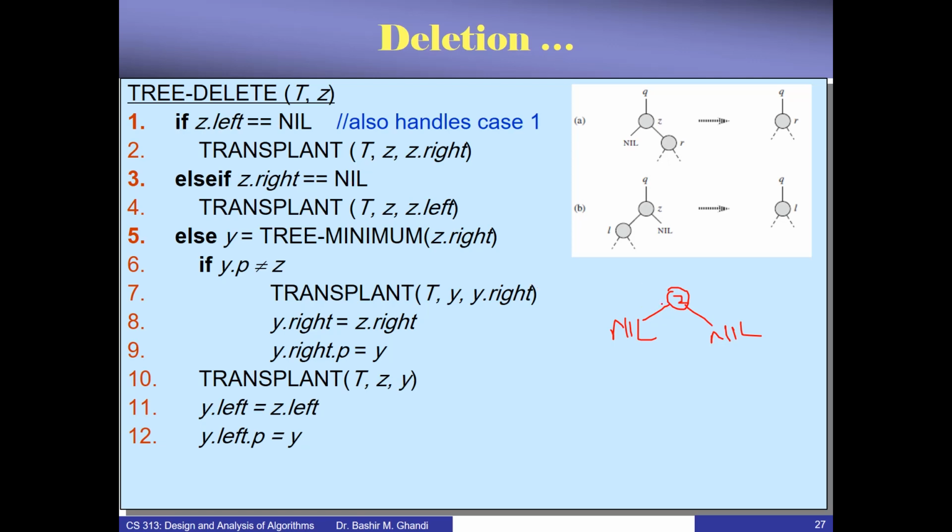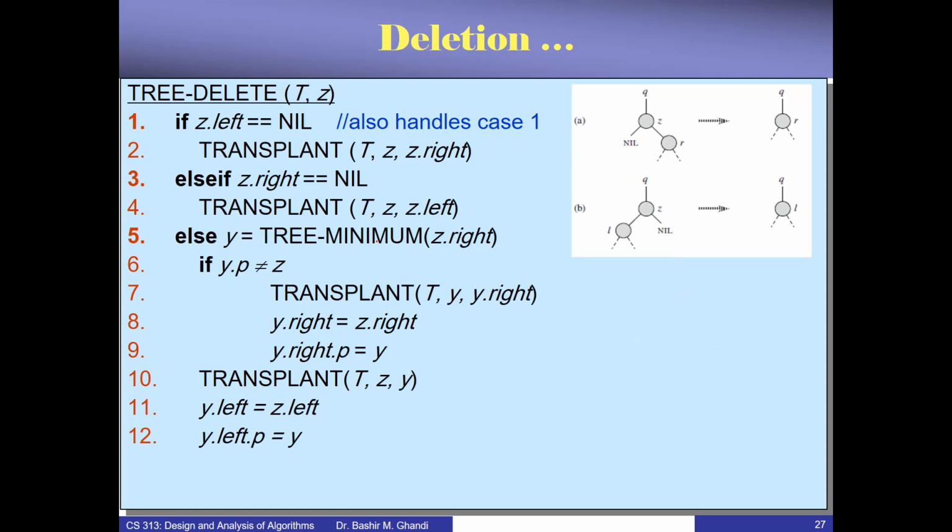Yes, Z dot left is nil. In that case, replace Z with Z dot right. Well, Z dot right is nil, so basically you are replacing Z with nil. So if it has a parent, that parent will be pointing to nil. So this will take care of the case where the node being deleted is actually a leaf node. We don't have to treat it specially here because this code will also work for that case.